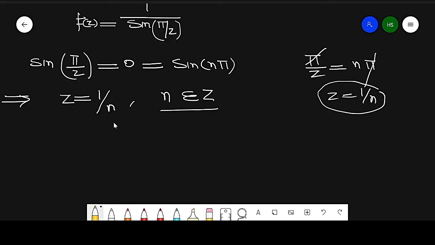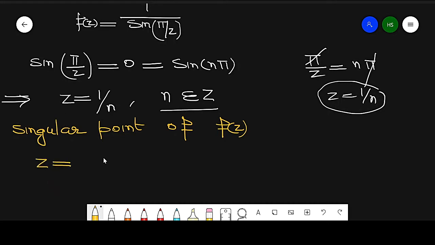Now, all of these are singular points of function f(z). These are infinite points because n belongs to integers. Also, we can write it as plus minus 1 by n, where n belongs to 1, 2, 3, and so on.